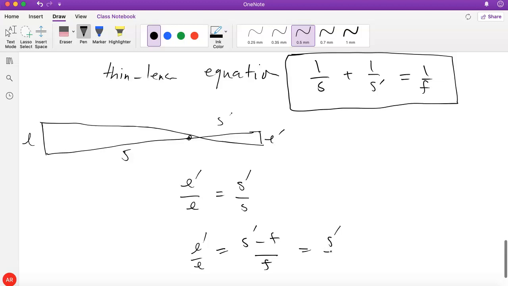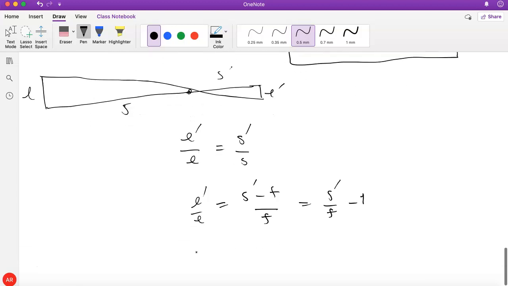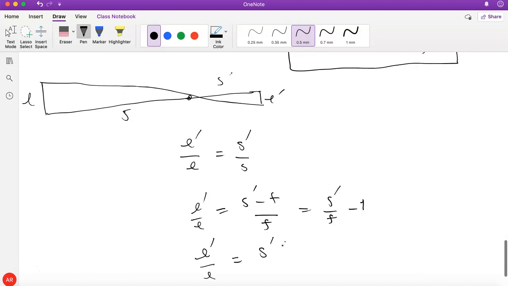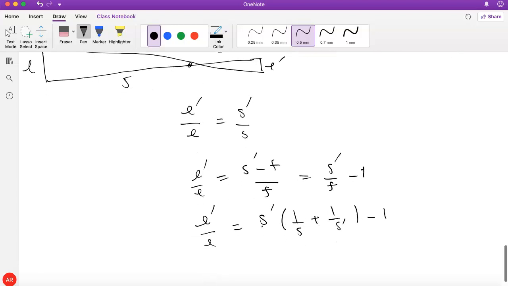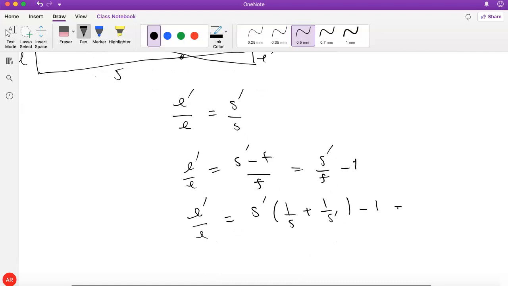Which is S prime over F minus 1. And I know 1 over F is 1 over S plus 1 over S prime. So L prime over L becomes S prime times 1 over S plus 1 over S prime, minus 1. And so this is S prime over S plus S prime over S prime, which is 1, minus 1.